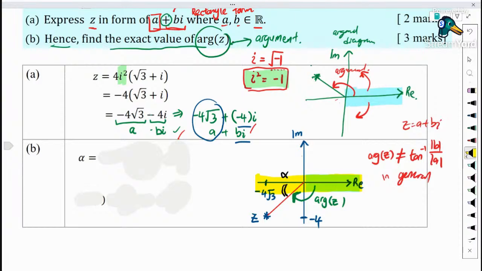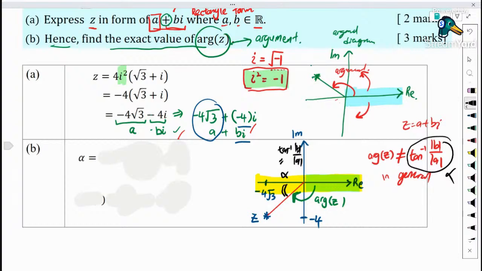Of course, the angle must be the acute angle, less than 90 degrees. If you notice, alpha doesn't have any arrow, because for alpha no direction is considered. This answer is just a direct answer from the calculator. What is alpha here? Alpha is equal to the arctangent of modulus b over a.